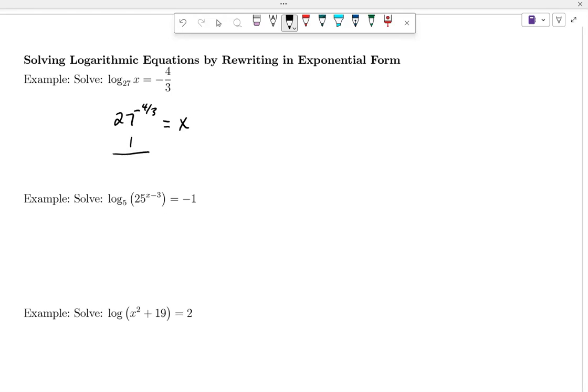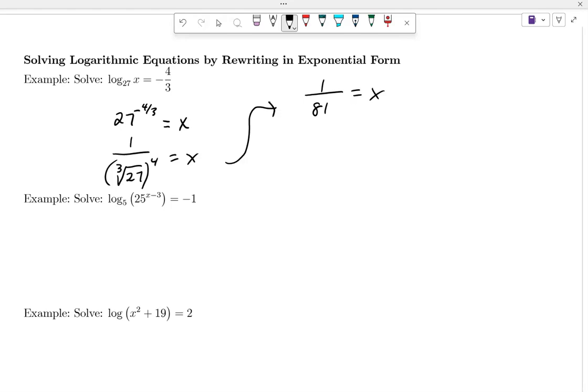Flip it, and then I would do the cube root of 27 to the 4th power, right? What is the cube root of 27? 3. 3 to the 4th is 81. So we get x is 1 over 81. Calculator will do that too, but I just want to remind you a little bit with the exponents, right? Because we play around with those too when we're doing some of these problems.